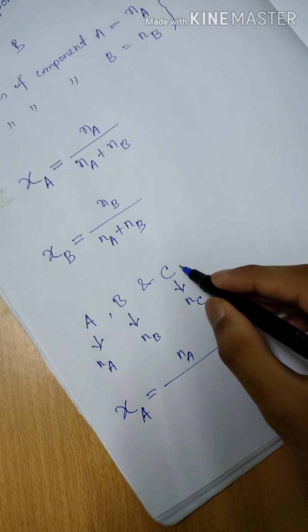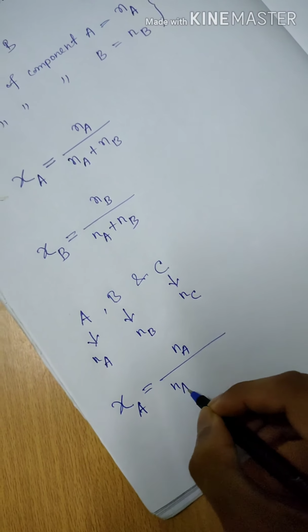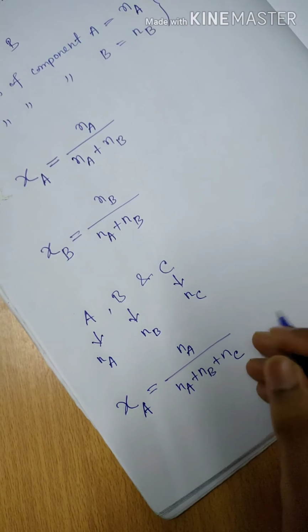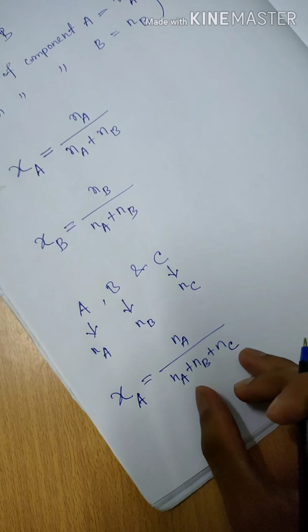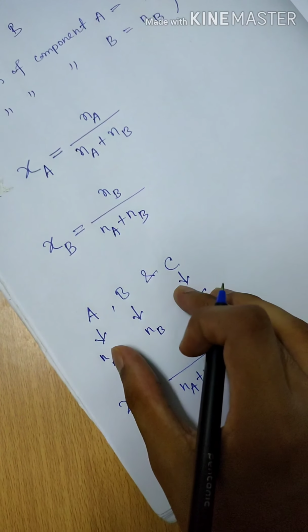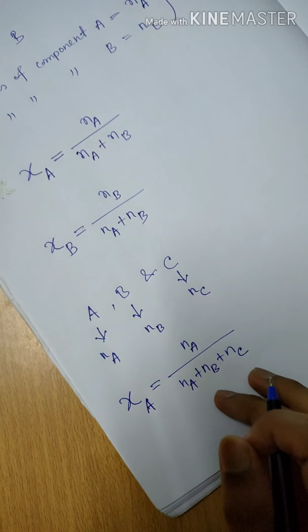Here 3 components are there, so we write Na plus Nb plus Nc.